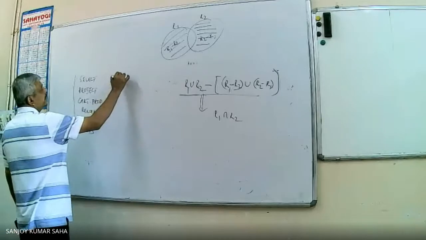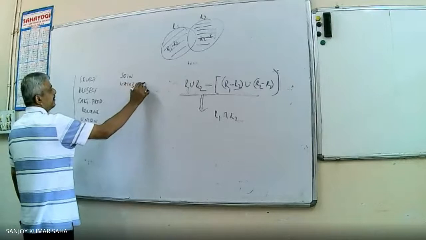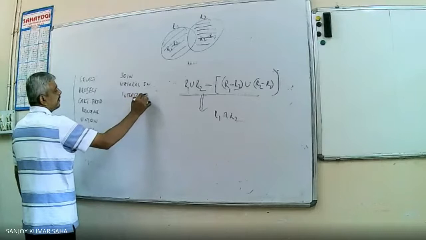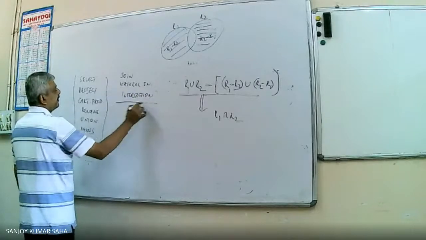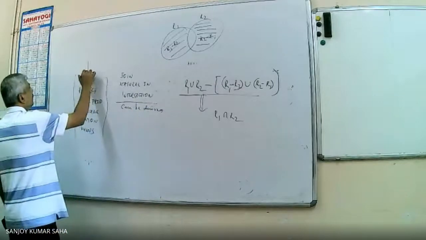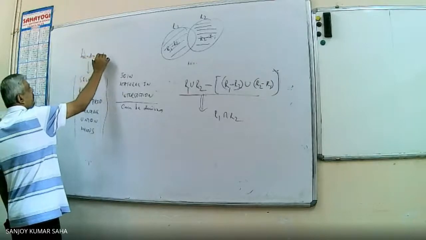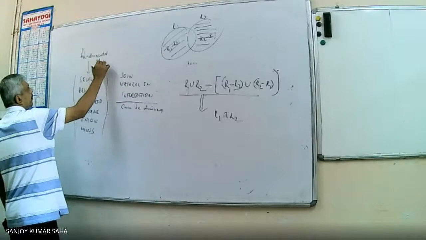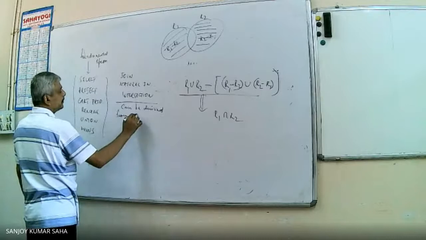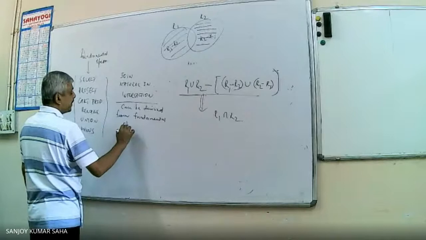On the other hand, say join, natural join, intersection, these can be derived from the fundamental operations.